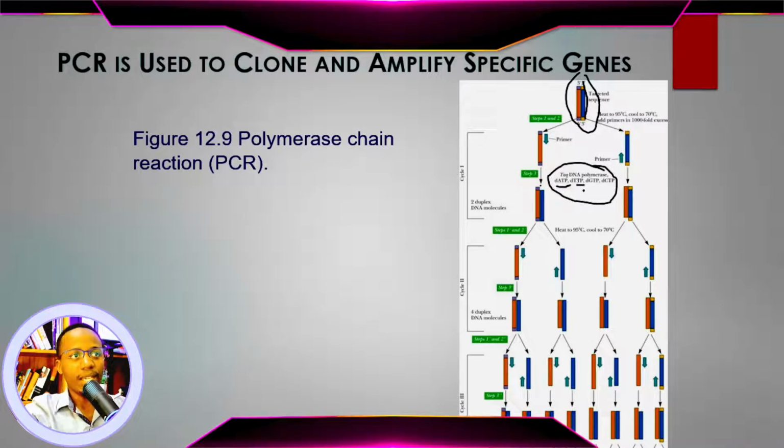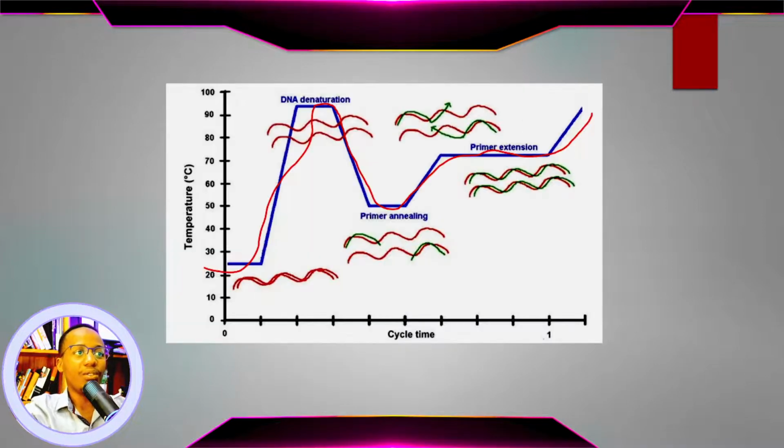So dATP, dTTP, dGTP, dCTP. So you add the nucleotides, the polymerase, the primers, and the DNA. There are other things that you add to help visualize your DNA on a gel, for example, if you want to run it on a gel. But that's the basics of PCR.